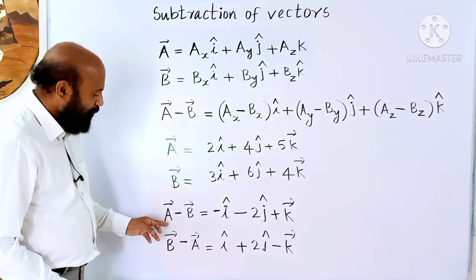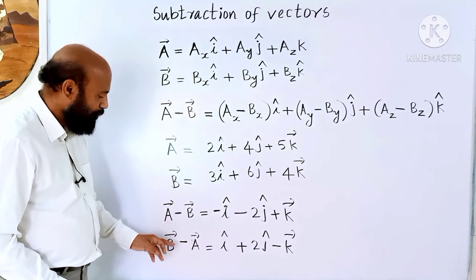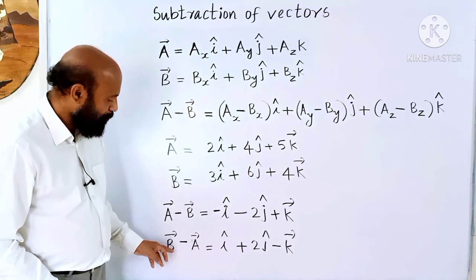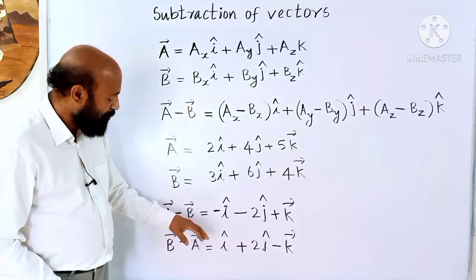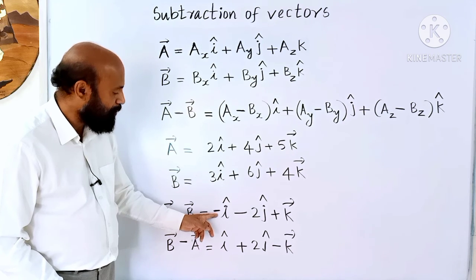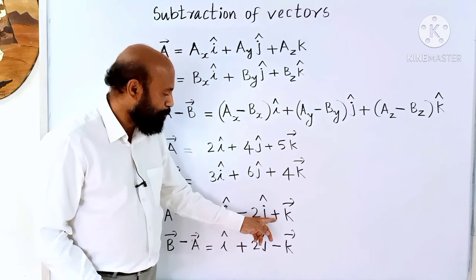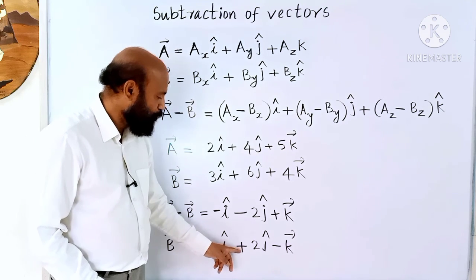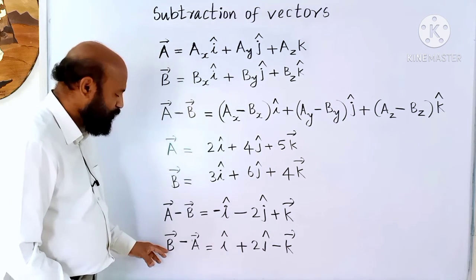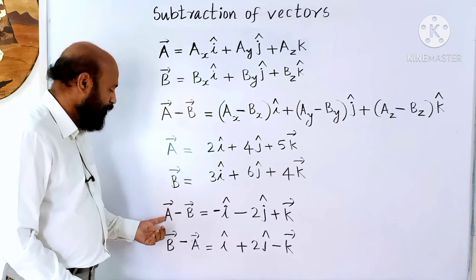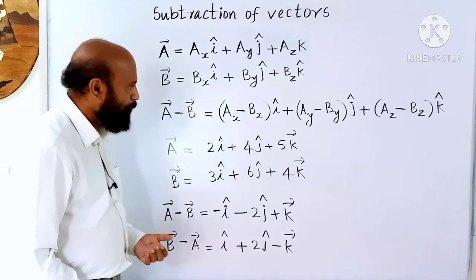So you can see A minus B is not the same as B minus A. B vector minus A vector is the negative of A vector minus B vector. See, here it is minus i minus 2j plus k. Here it is i plus 2j minus k. That means B vector minus A vector is opposite to A vector minus B vector.